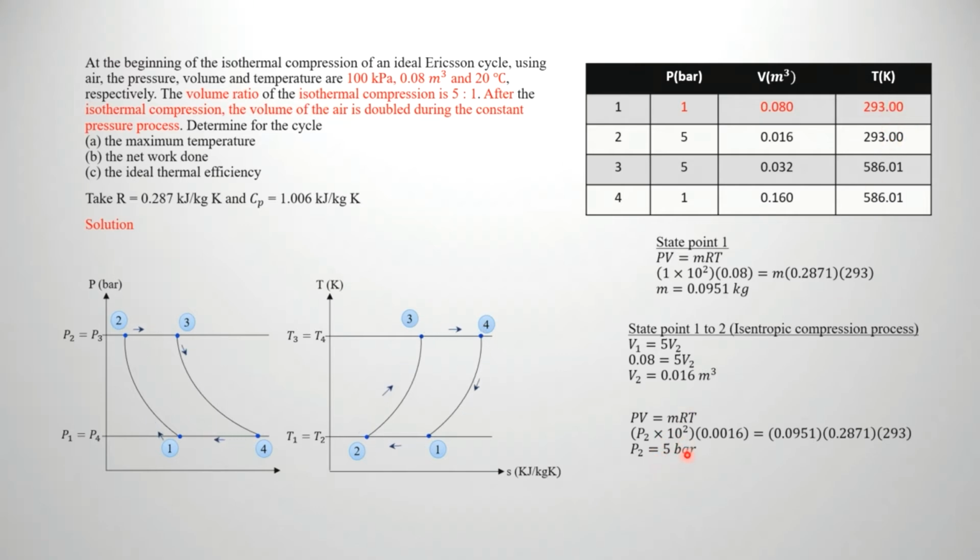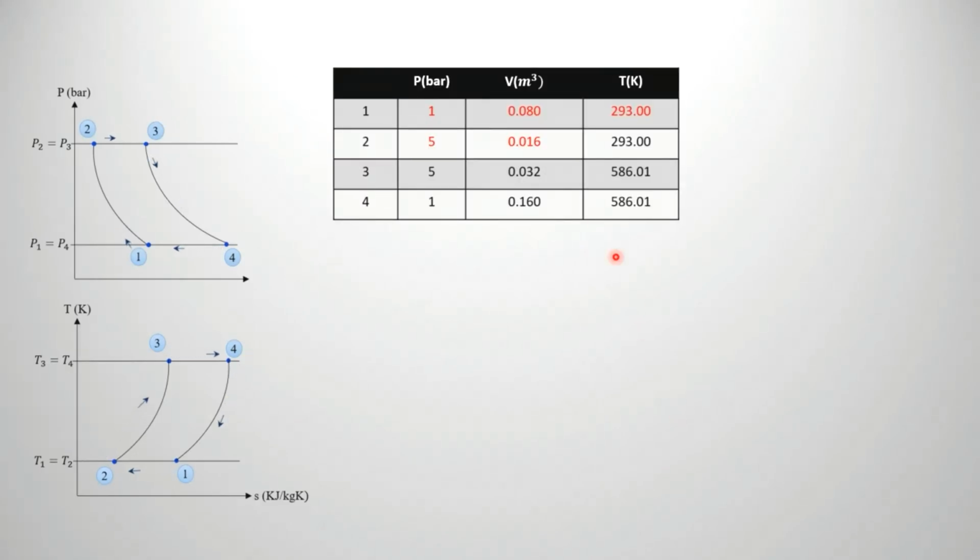So from here you can find the pressure, 5 bar. Why do they multiply by 10 to the power 2? Because they're converting into kilo, since your R is in kilo also. Now we have the first row and second row. For the third row, we know the pressure is the same for 2 and 3, so both pressures are 5 bar.